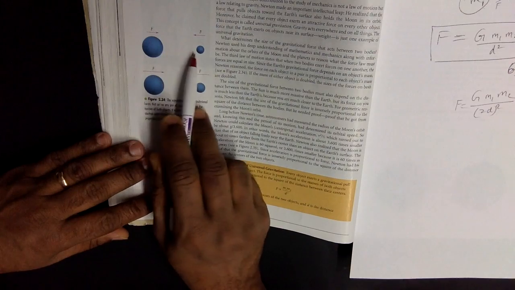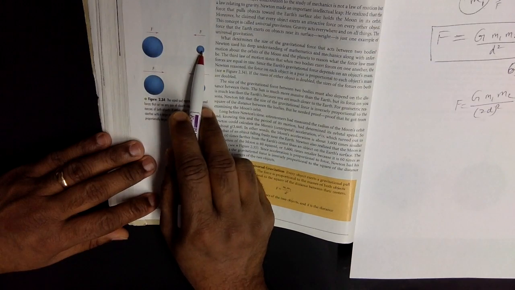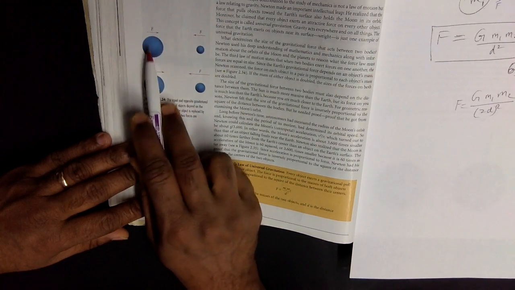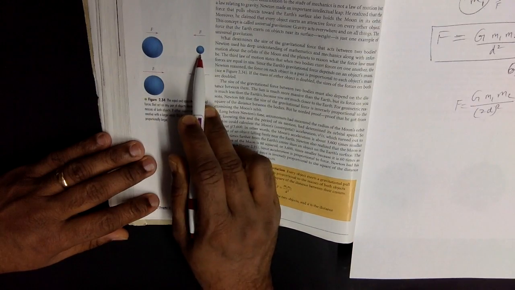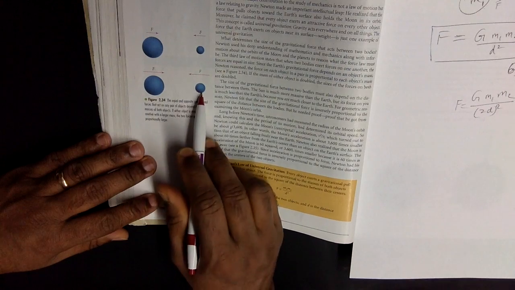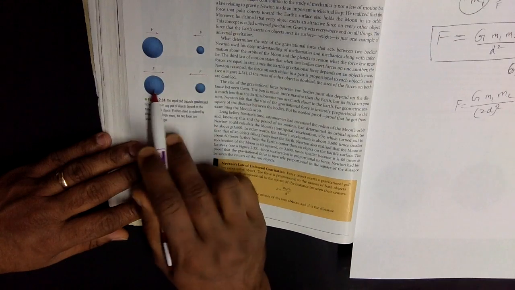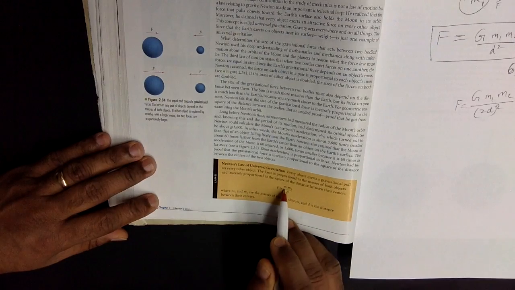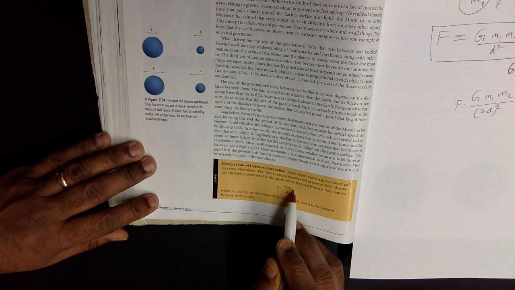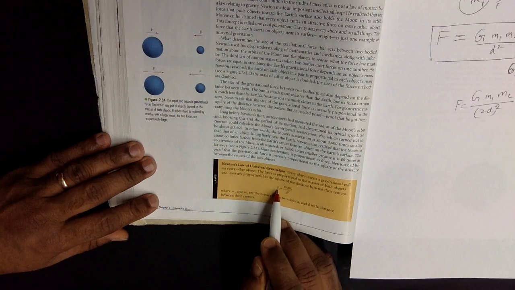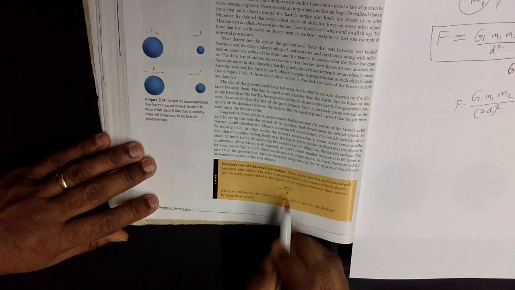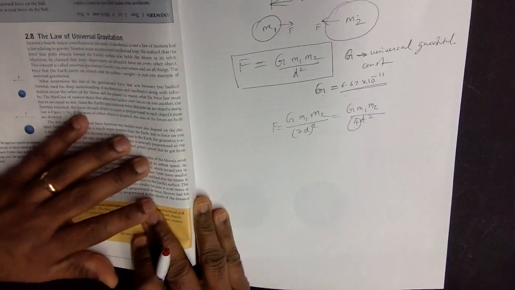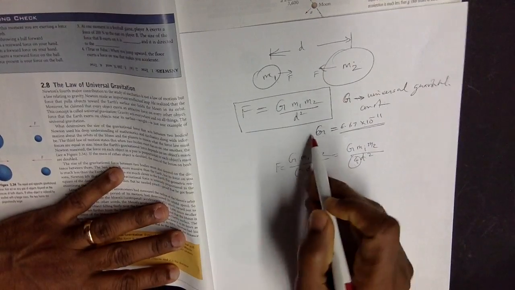So as you can see here in this diagram, the smaller object and a normal object, the force between them is F. Now when this one doubles in mass, you can see the force between them is also doubled. So if m1 is changed and m2 is changed, then F will depend on both of them. d square is in the denominator, so if anything happens to the distance, the force is going to be changed accordingly.